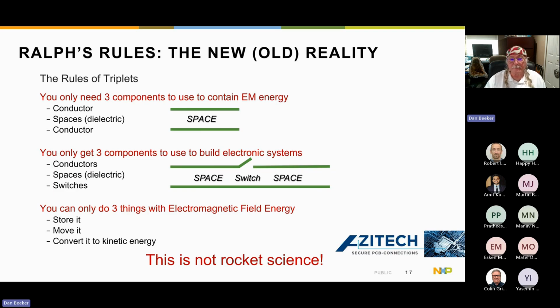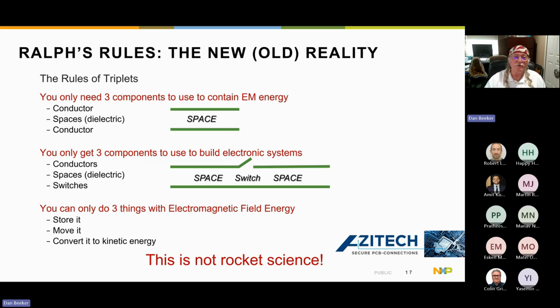There are only three components in the universe that you can use to do things with the field. You get the conductors, you get the spaces, and you get a switch. There's nothing else. The most complicated microcontroller or microprocessor is a giant switch array. And these switches turn on and off and let energy go or not go from one space to the next. That's all there is.